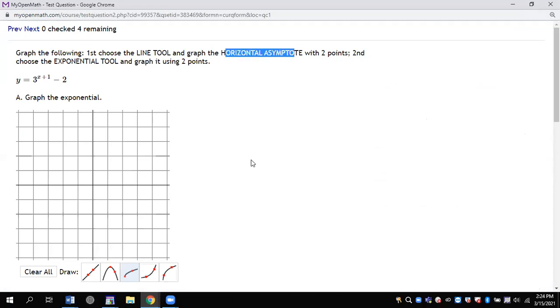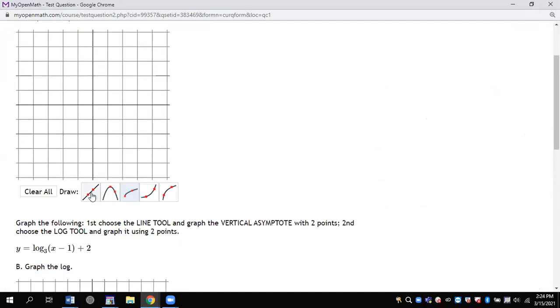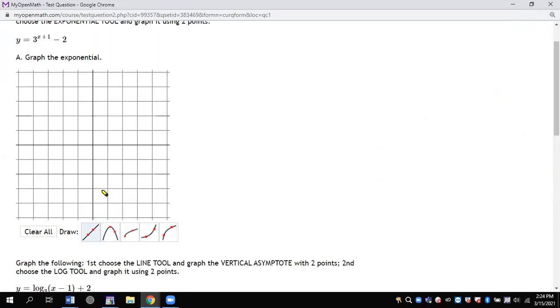First, the horizontal, yeah. So first you click down here on the line tool, and then you put in the horizontal asymptote. Now, what is the horizontal asymptote? It's down 2. It's hard to see where the 0, 0 is. It's right in the middle. So boom, you put your horizontal asymptote on, and then you graph your exponential, which is this tool right here.